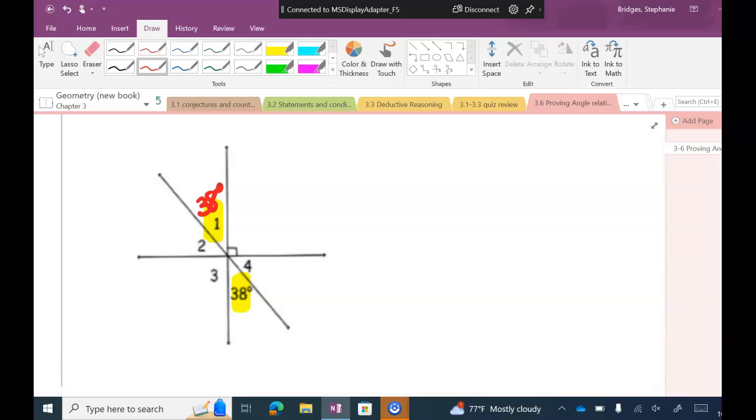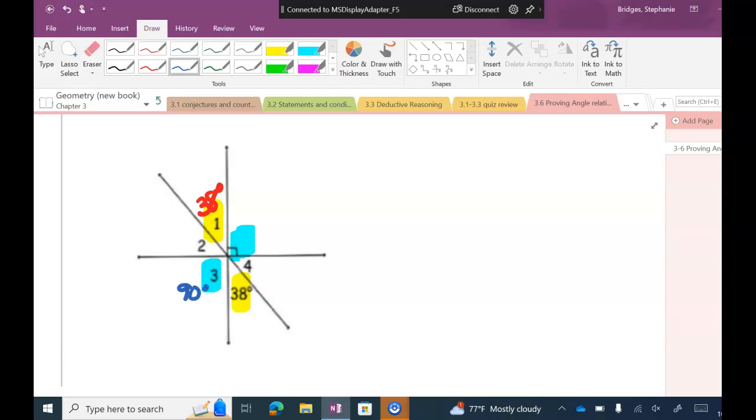What other angle do they give me? They give me this 90 degree right here. So which angle is vertical from that? 3. So number 3 is also going to be 90. Will angles 2 and 4 be the same? Yes. Figure out what they are.